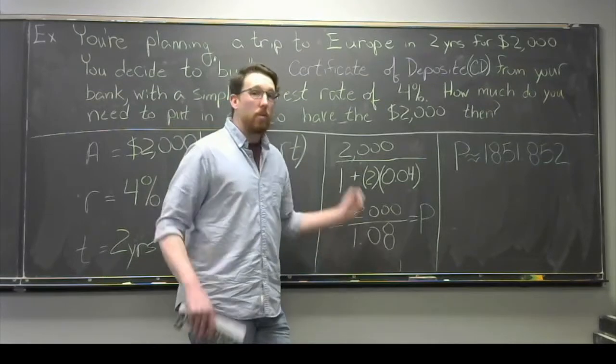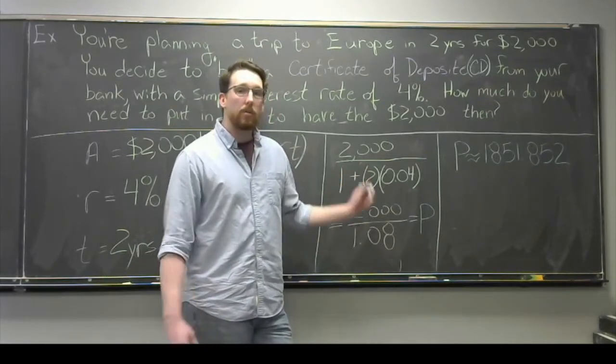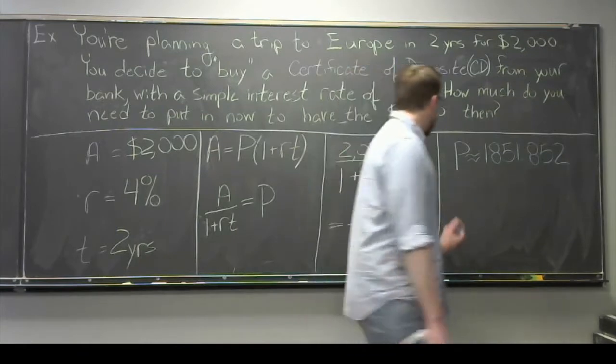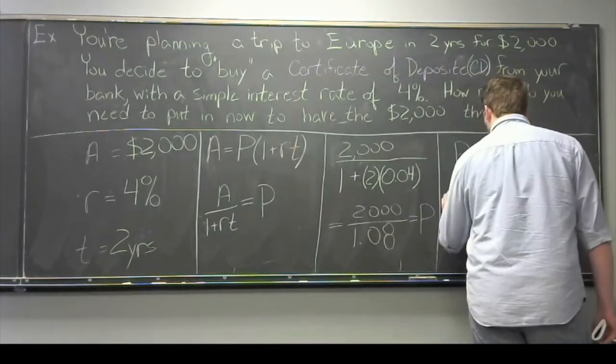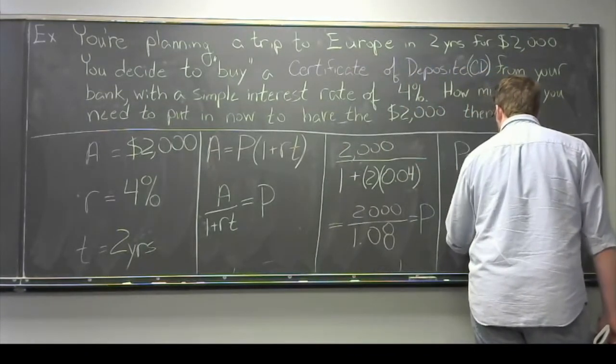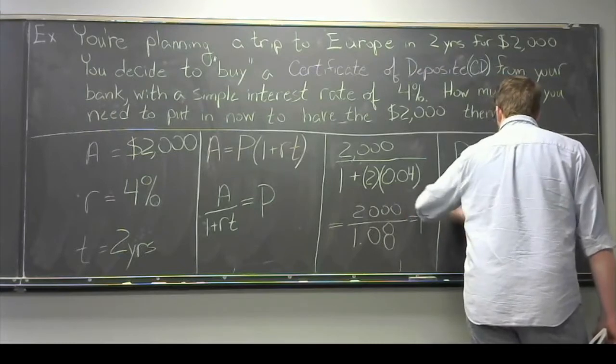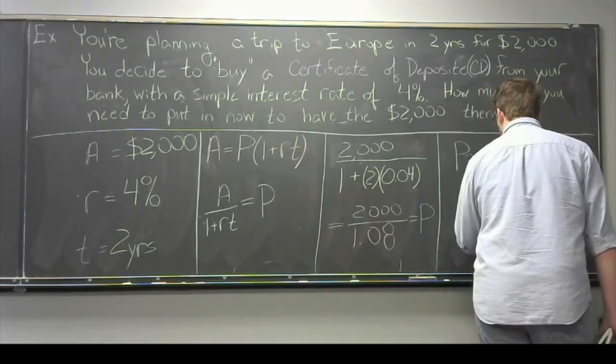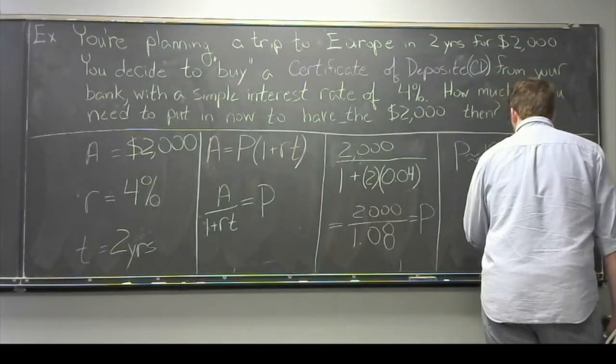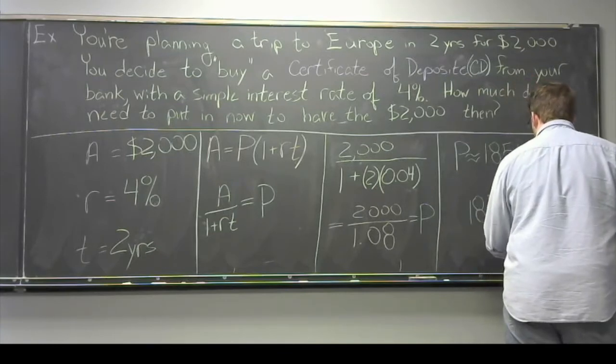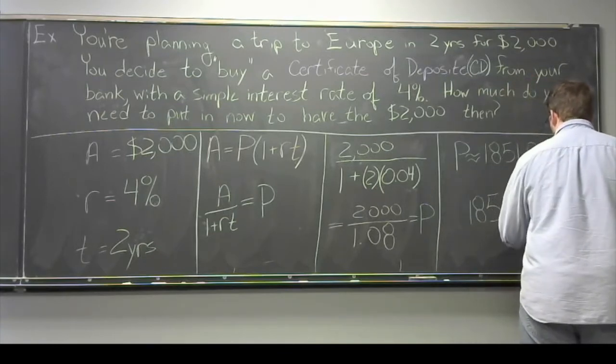Because if we round it down, we won't have the $2,000. We're going to have to round it up. We're going to find that what we need to put in is going to be 1,851.86.